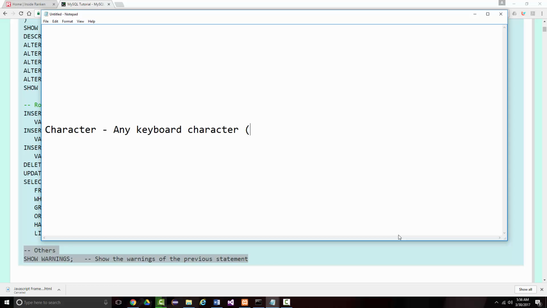In other words, alpha, numeric, a special character like a period or something like that. We'll say that can, or potentially can, represent data.